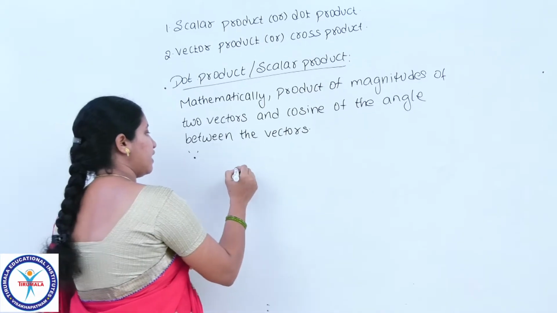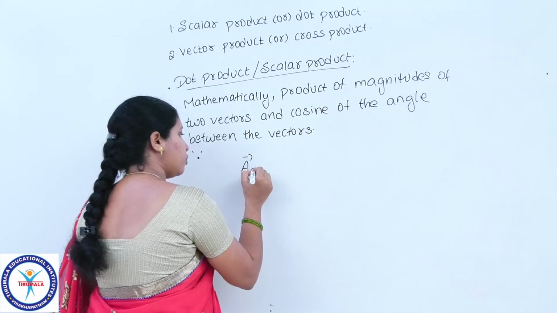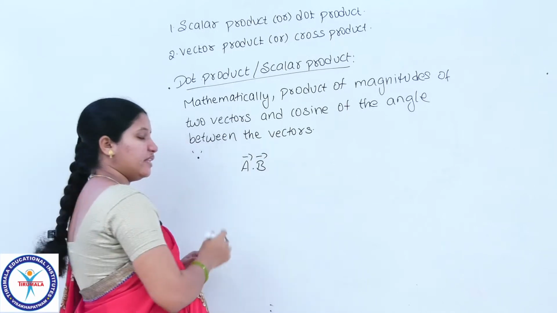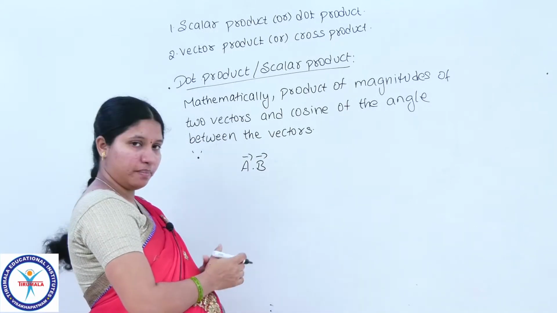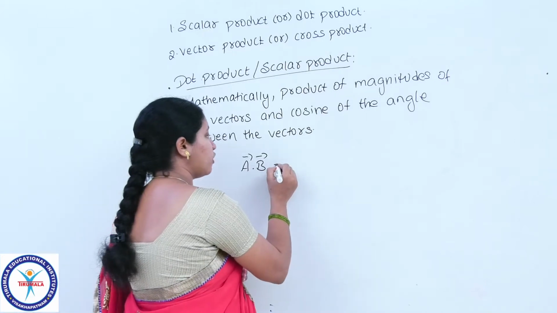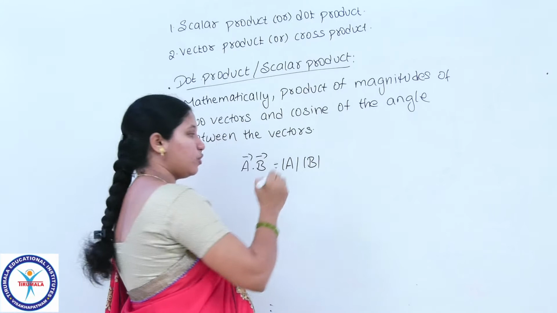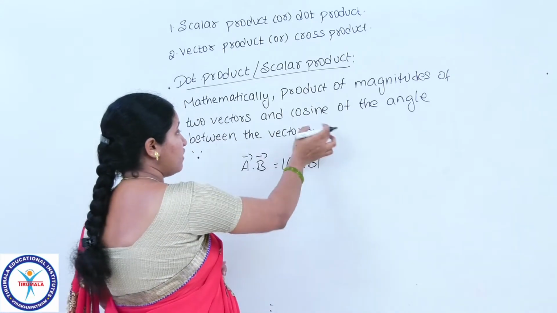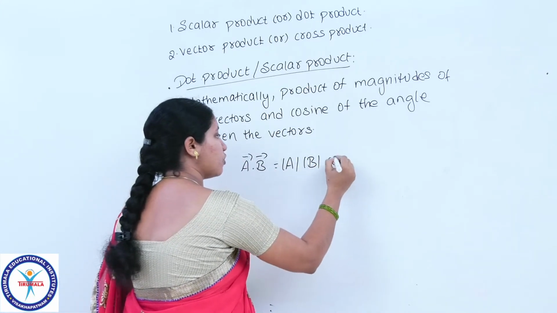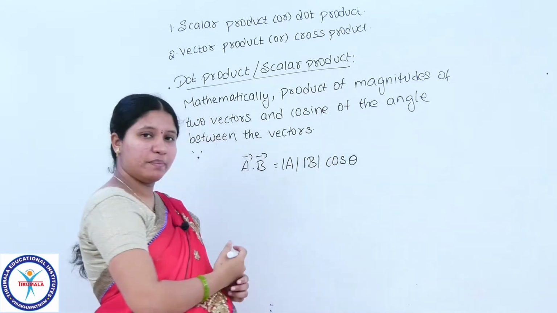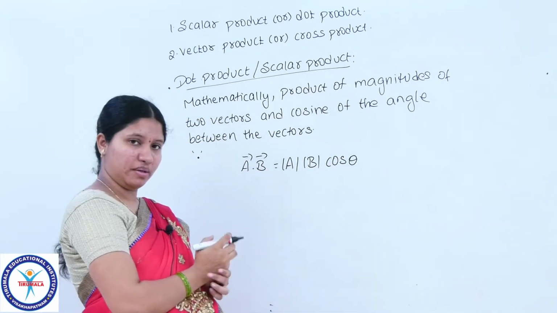So let us write, if a bar and b bar are 2 vectors, then the dot product a bar dot b bar is given by the product of magnitudes, that is magnitude of a into magnitude of b into cosine of the angle between the vectors, that is cos theta, if theta is the angle between 2 vectors a bar and b bar.